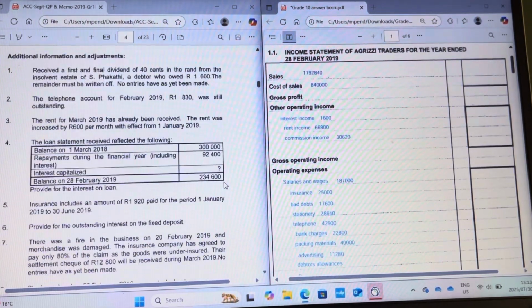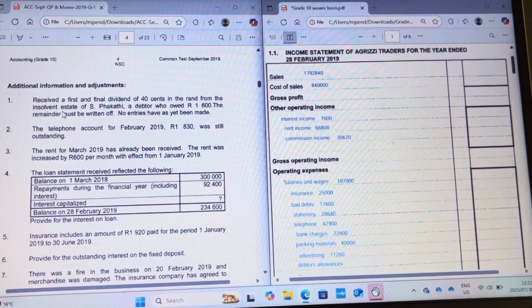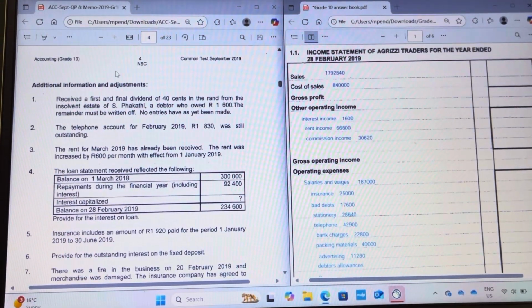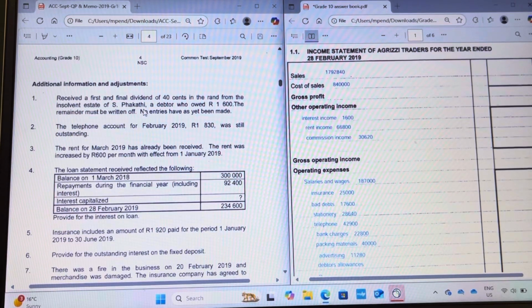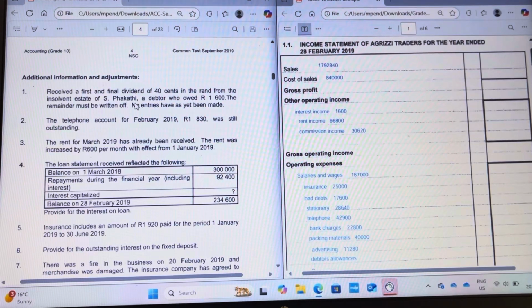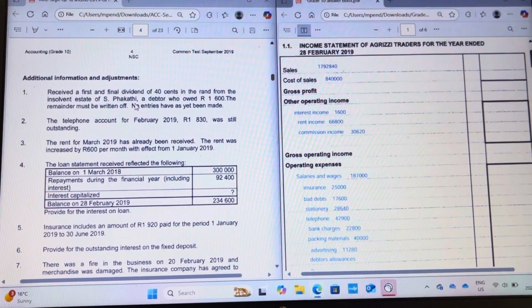Let's look at our additional information. Additional information 1: received a first and final dividend of 40 cents in the rand from the insolvent estate of Espagati, a debtor who owed 1,600. The remainder must be written off.